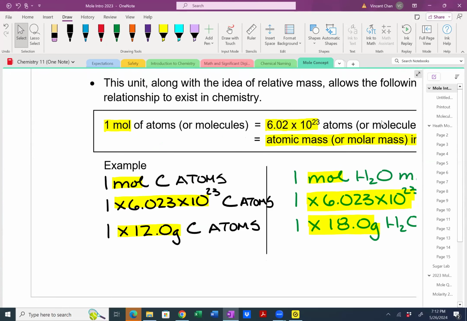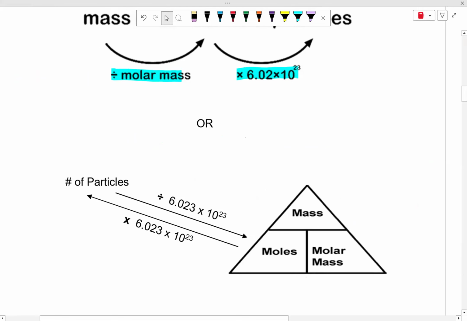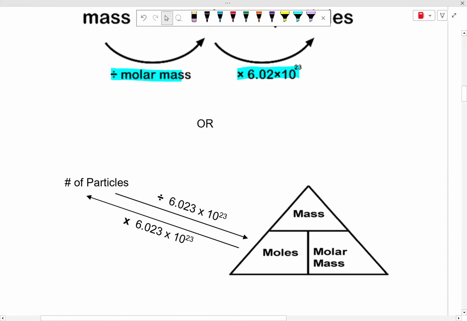Okay, now on the bottom of your sheet, I also gave you another way to calculate moles, mass and molar mass by a triangle. For example, if you want to find the molar mass, you take the mass and divide it by the number of moles.